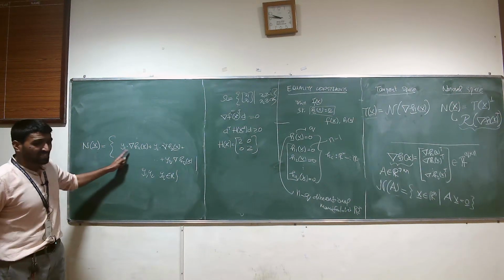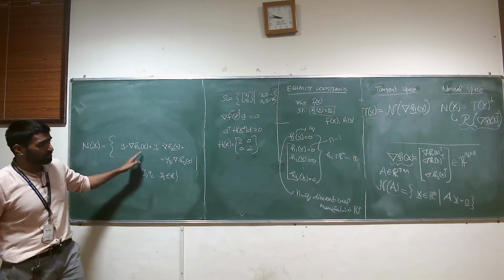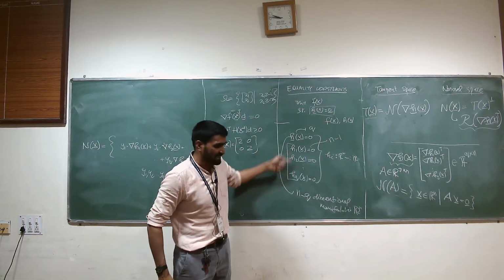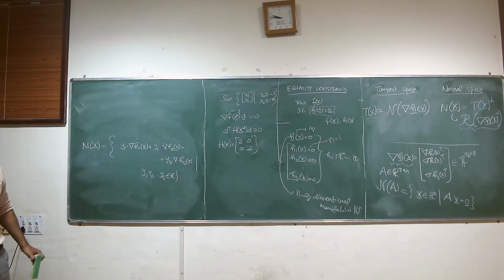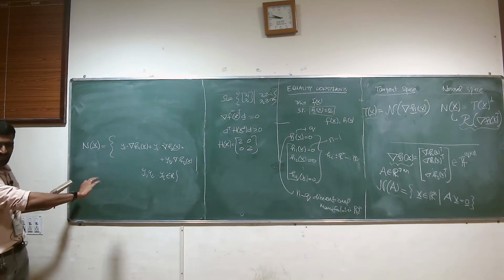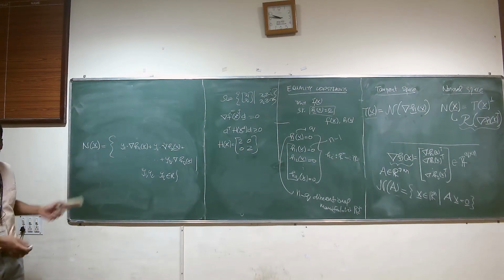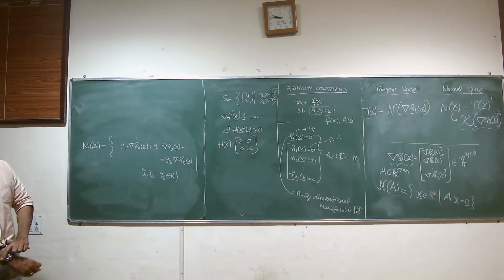So it's essentially the linear combination of the gradients of each of these equality constraints. Maybe that's too abstract for now. We'll do a couple of examples and hopefully all of this will become clear.